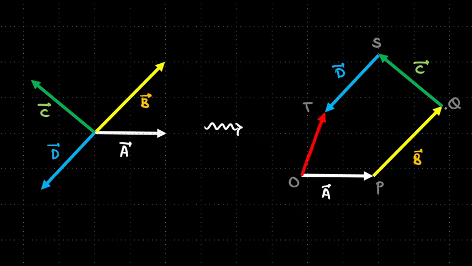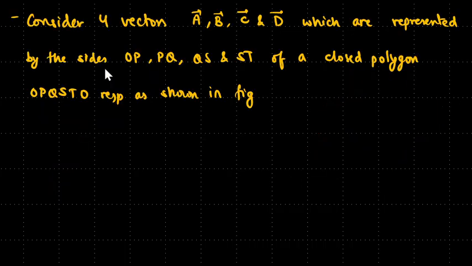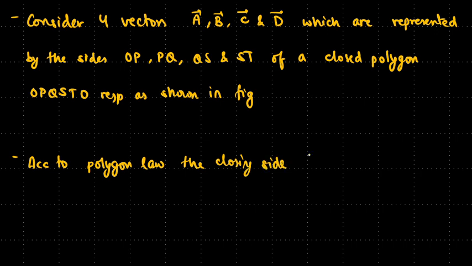Now what we considered, we created it. Now let's talk about what to do next. According to the polygon law, the closing side of the polygon, OT. Let's go back and see if it's OT.